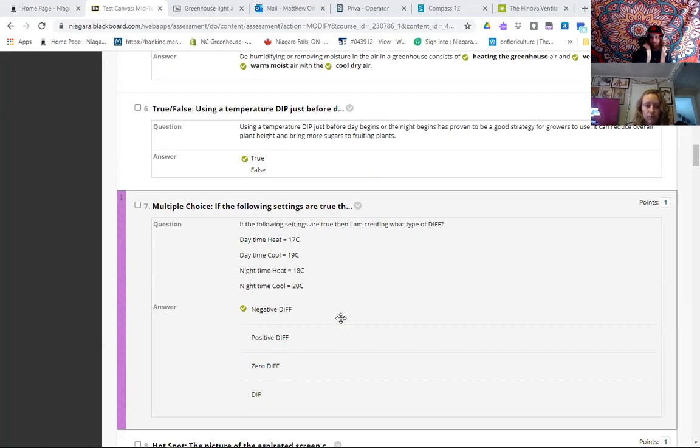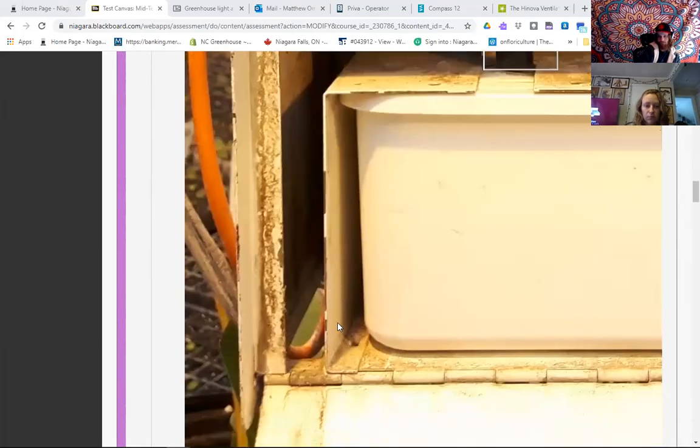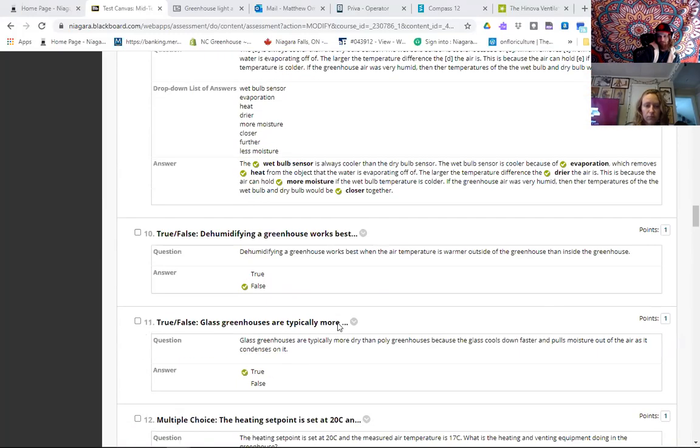That's important because that's going to affect the direct water flow through the plant. So you need to understand the conditions within the plant versus the conditions within the greenhouse environment.